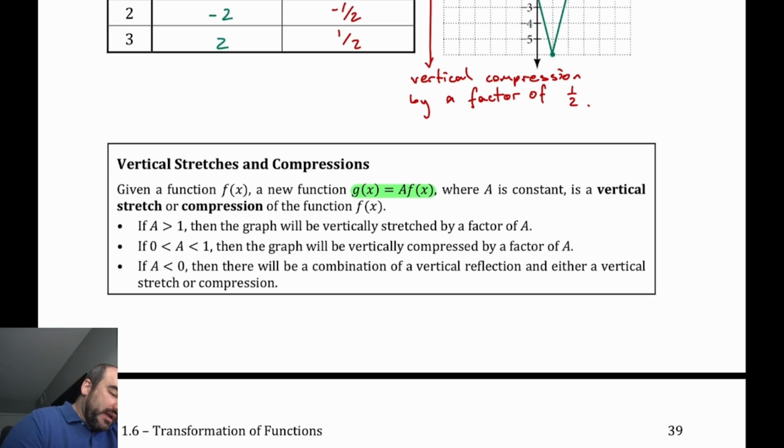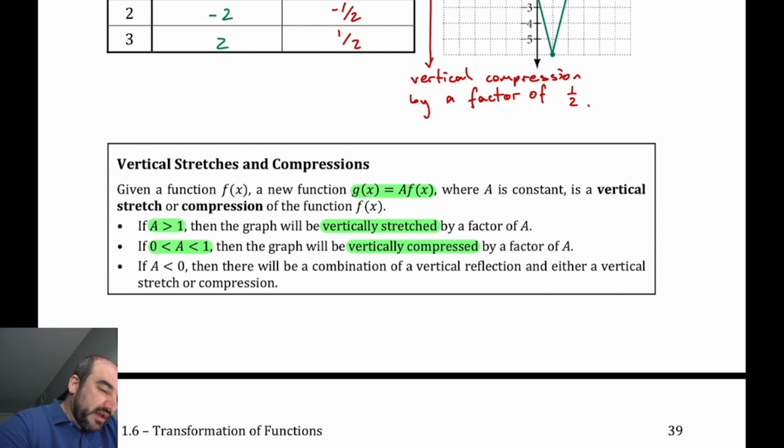And the rule is that if a is greater than 1, like the 2 in the previous example, that's a vertical stretch by a factor of a. And if a is between 0 and 1, then it is a vertical compression by a factor of a. So if you multiply a number by a number between 0 and 1, it's going to make it smaller, so vertically compress. If you multiply by a number greater than 1, it's going to be vertically stretched.